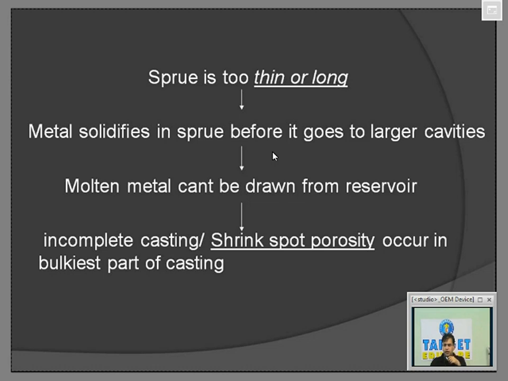See, reservoir is a portion in the sprue which has a larger diameter compared to the rest of the sprue. So it prevents a localized shrinkage porosity so that excess metal is there.